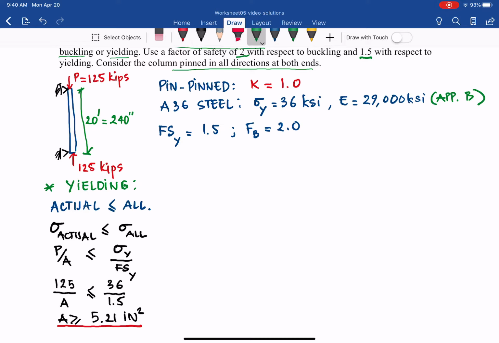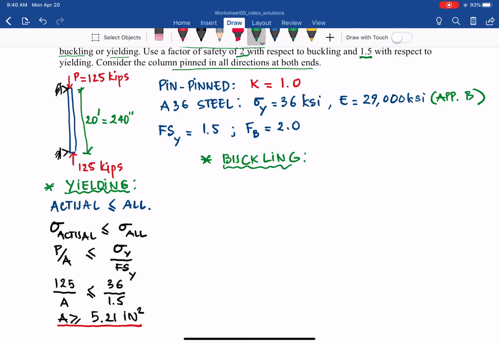Now, if we go to buckling, what do we need about the cross-sectional area for this member? So, you have the same design equation, the general design equation, the actual less than or equal to allowable, exactly the same.